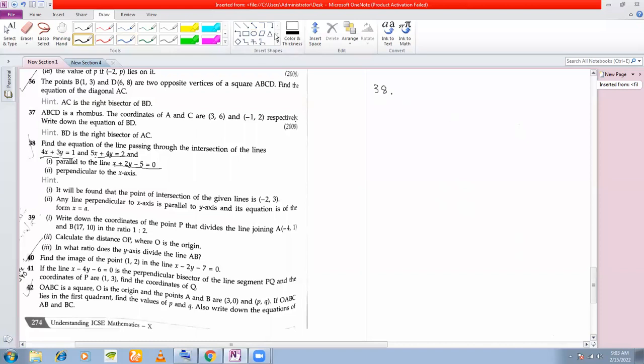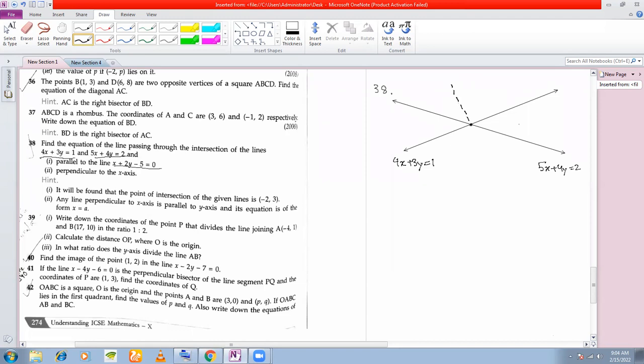Let's say these two are your straight lines. They are intersecting, the equations of which are 4x plus 3y is equal to 1, and 5x plus 4y is equal to 2. You need to find the equation of a straight line which passes through the point of intersection of these two straight lines.